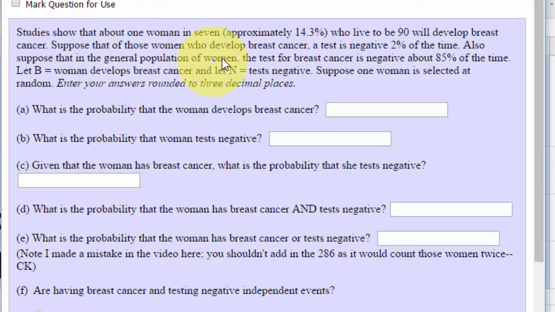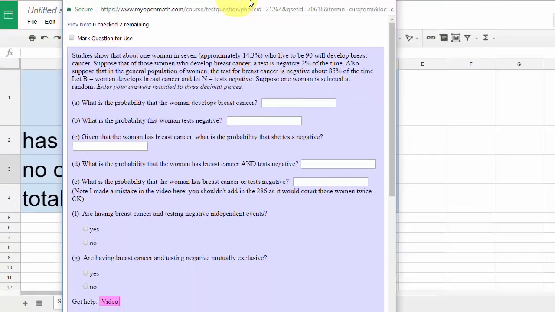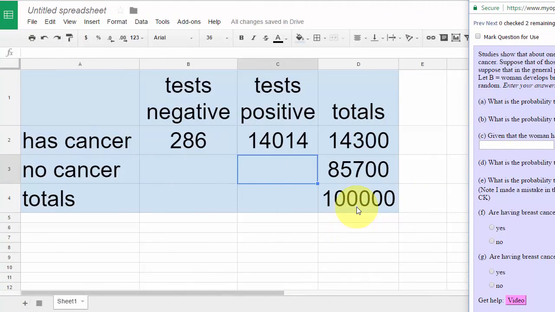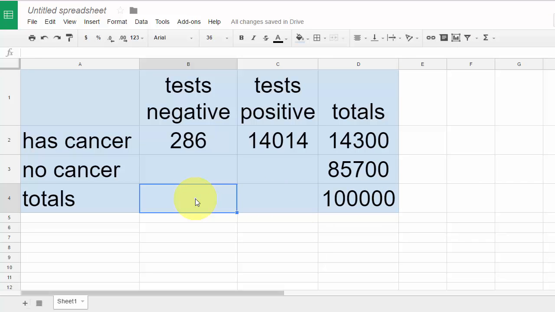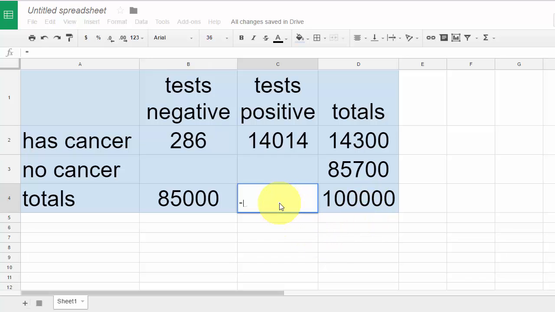Also suppose that in the general population of women, the test for breast cancer is negative about 85% of the time. I read that as just everybody, those who have cancer and those who don't. So among the population of these 100,000 women, the test will be negative 85% of the time. So 0.85 times this is 85,000, and this will be the remaining women.